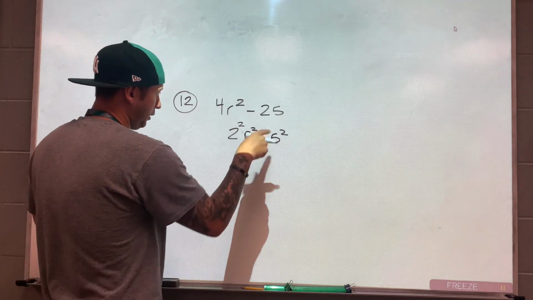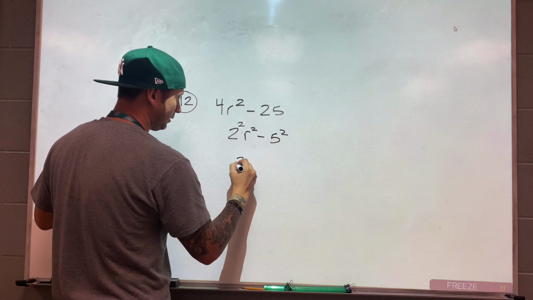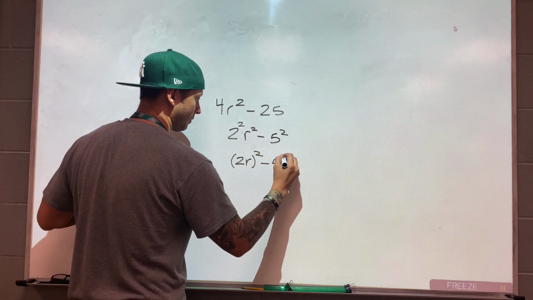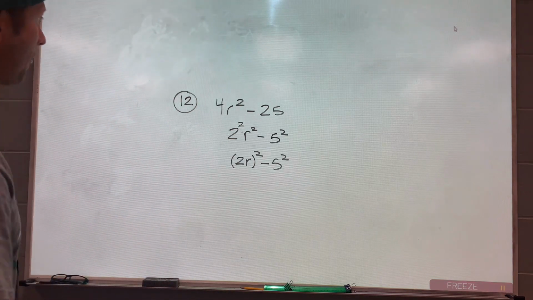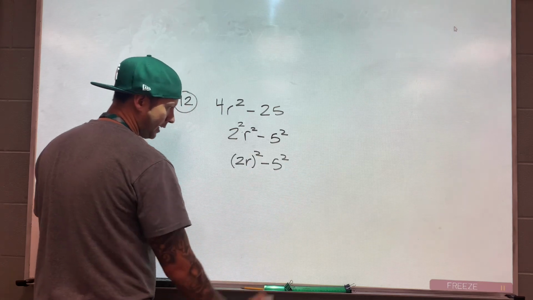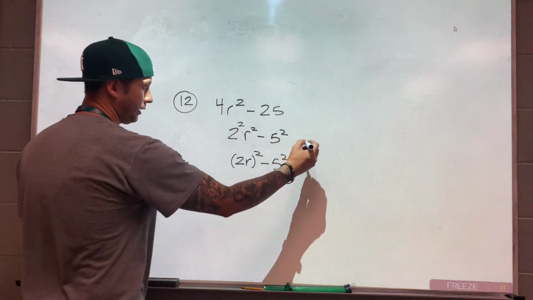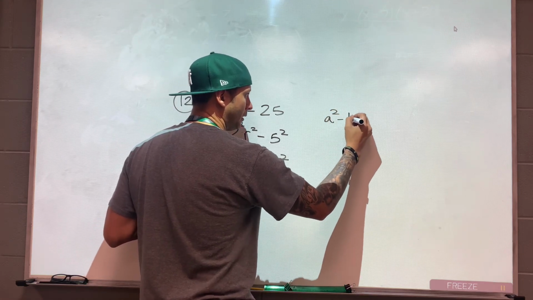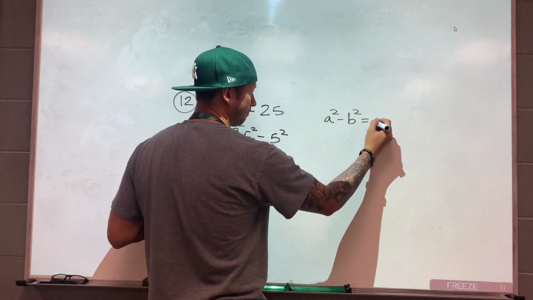All right, I can pull out the exponent. Now, difference of squares says a squared minus b squared.